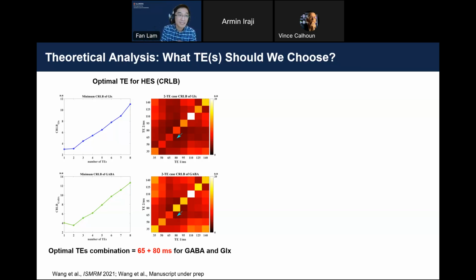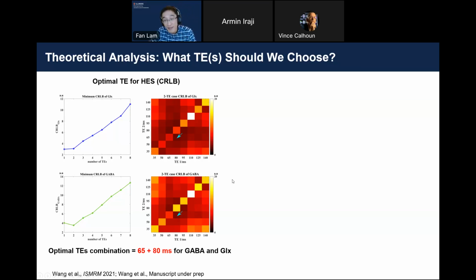In this particular case, the answer is the latter. If you are interested in, for example, the best separation between metabolite and neurotransmitter components, say glutamate and GABA, you don't necessarily have to acquire as many TEs as you like.